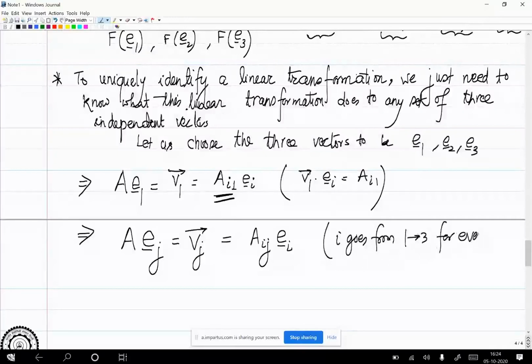For every J here, it has got three components. For J equal to 2, you have A12, A22, and A32, isn't it? Is that okay? Fine.